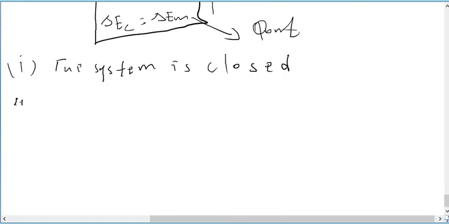Then Roman 2, the heat is released by the car, therefore the heat by the car is negative, that is less than 0.